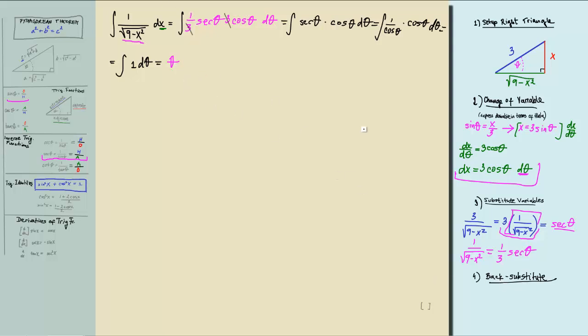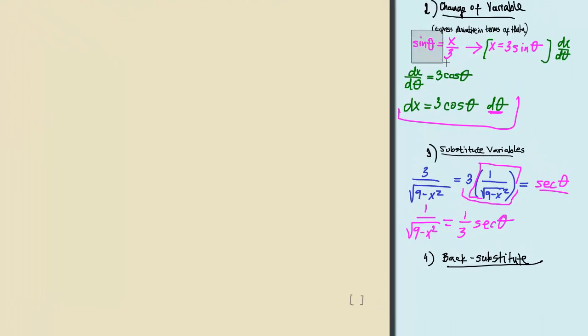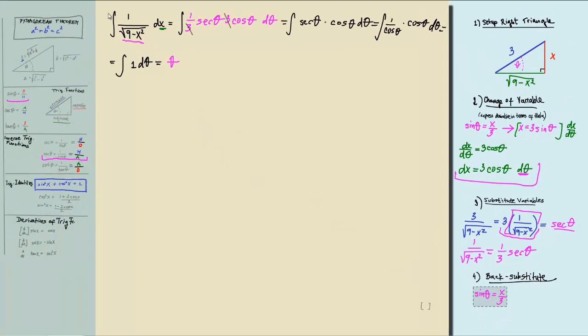So what is theta? We're going to use again the trigonometric relationship that we set up in step number 2, where we said that sine theta equals x divided by 3. So let's use that relationship. If sine theta equals x divided by 3, then to extract theta we need to do the arc sine operation.